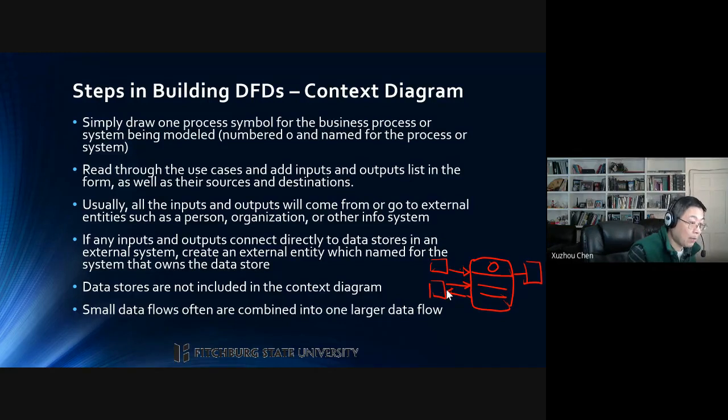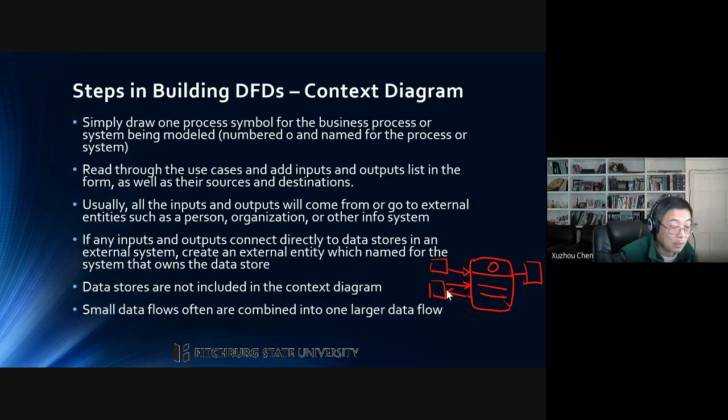For example, in the publishing system, you have a general manager, you have a logistical manager, who can manage the inventory, to check whether I need to order more inventory or not.